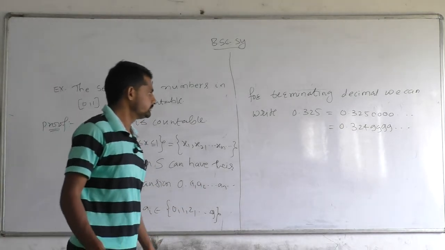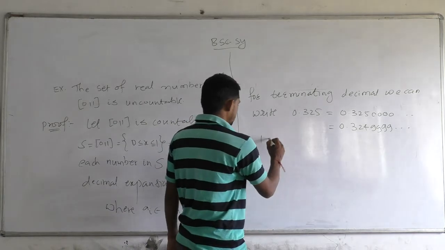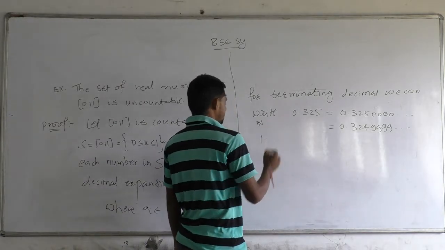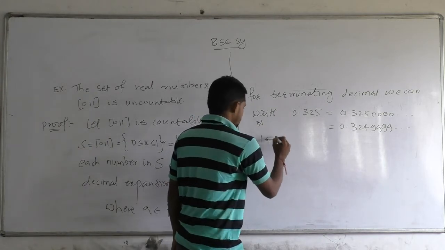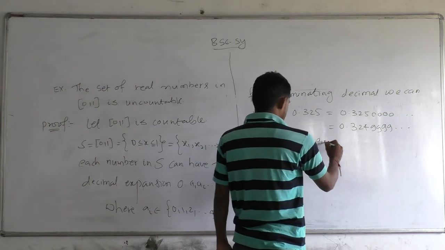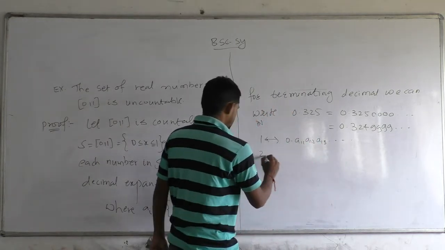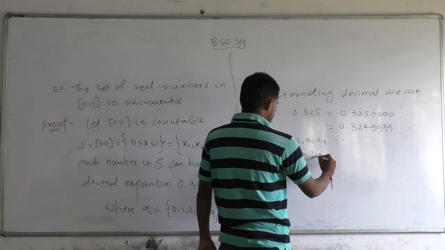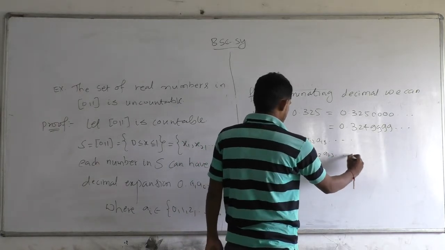Now define a function from the set of natural numbers: 1 goes to 0 point a11, a12, a13, dot dot dot. Second, 0 point a21, a22, a23, dot dot dot.